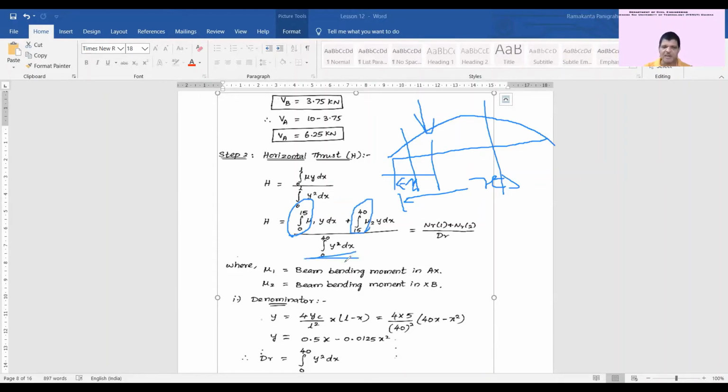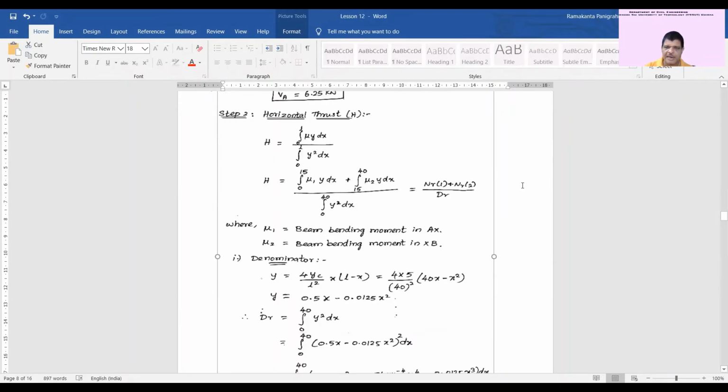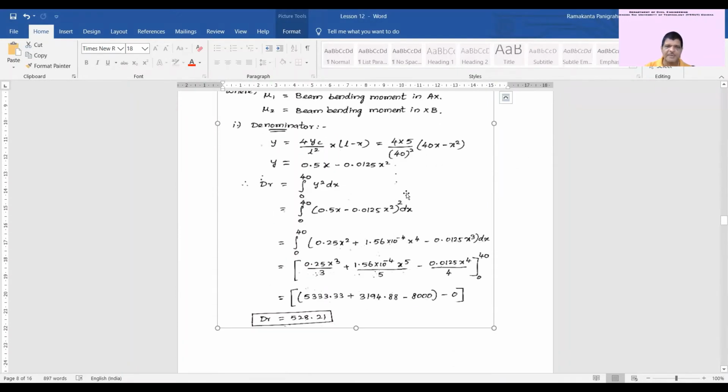So let us find the value of y square dx. What is y? We know y is equal to 4 h yc by L square into x into L minus x, and yc is given as 5, L is equal to 40. By putting all these things, we can get the value of y.